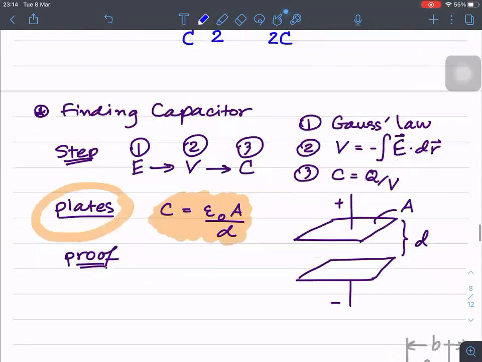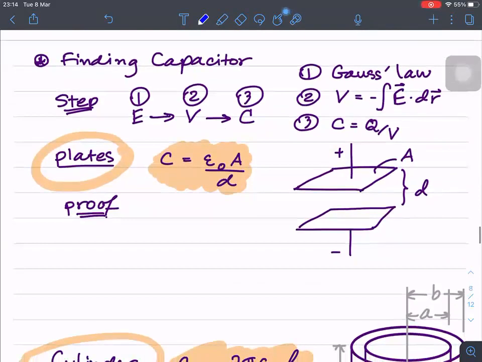Okay, so the next concept we're talking about is how to find the values of the capacitor. Here I will provide you 3 steps of calculation. We will start with having the electric field. Then from the electric field, we should be able to find the voltage. And from the voltage, we should be able to find C. So how to find the electric field?